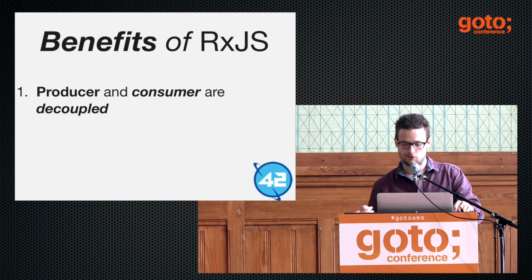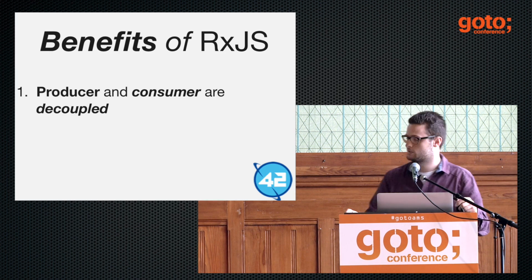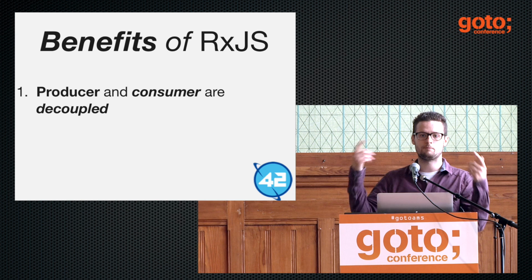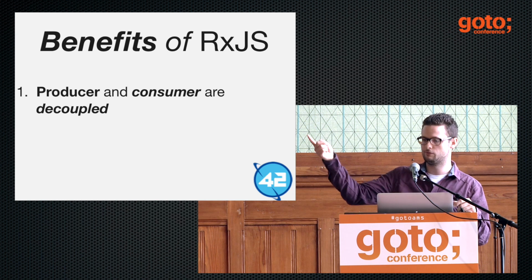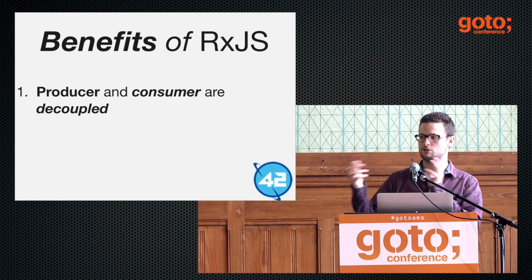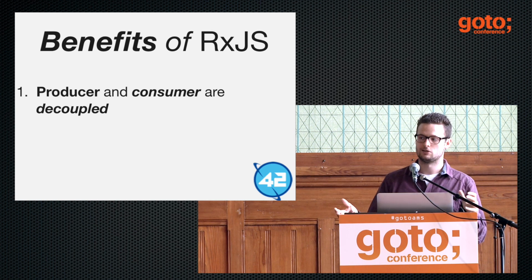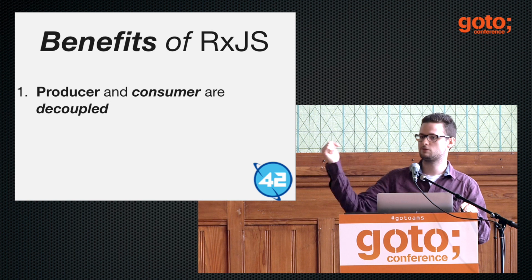But there are some other benefits of RxJS. The first benefit is that the producer and the consumer are decoupled. What I mean by that is that the producer in this case was the key up event that fired the initial event, and the consumer was the subscribe. As long as the subscribe got its array of autocompletions, it was happy. It didn't care how many operations we put in between.